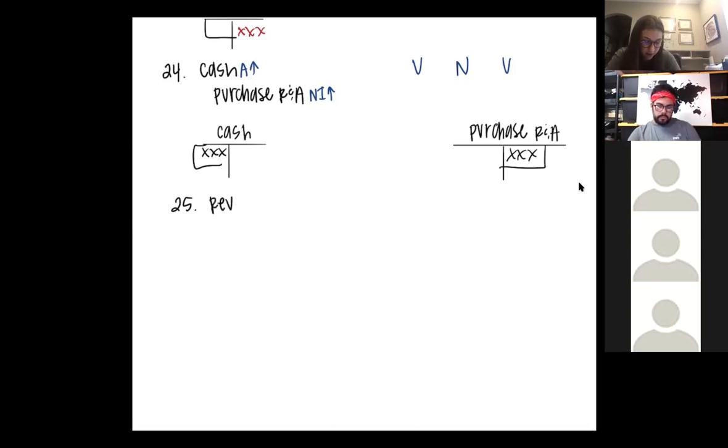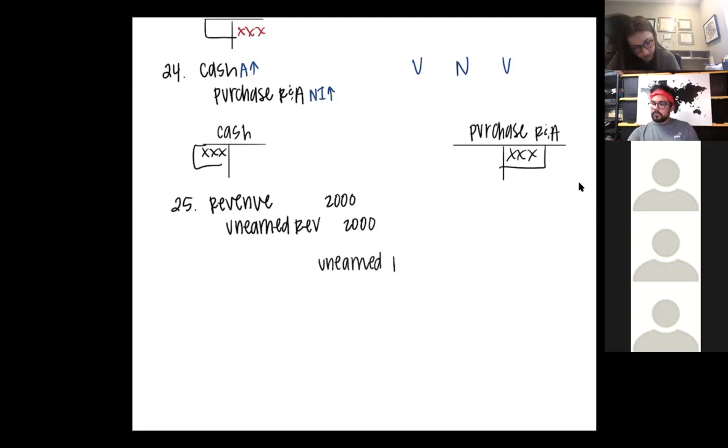And so I have to debit revenue, but what do I have to credit? Yeah, unearned revenue. Because now that $2,000 is a liability on my part. I still have to fulfill that for $2,000. So unearned revenue is a liability, and revenue is that.